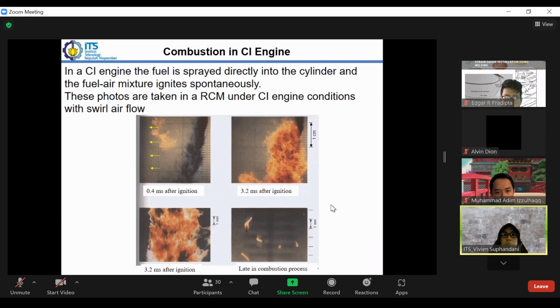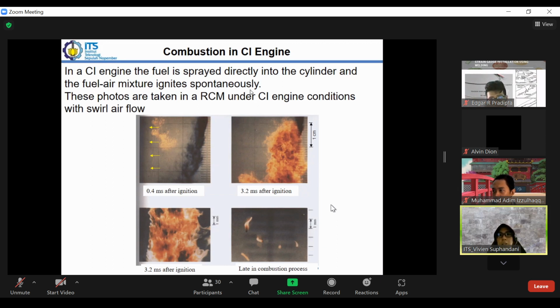When we look at the combustion process in a CI engine, or compression ignition engine, the fuel is sprayed. We have the injection of the fuel into the cylinder, and then the fuel-air mixture ignites spontaneously.